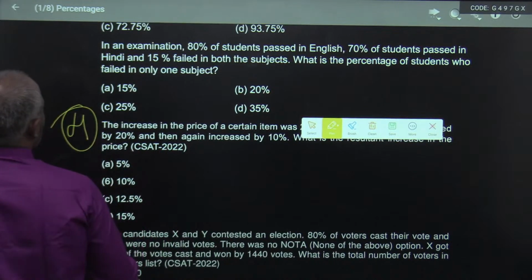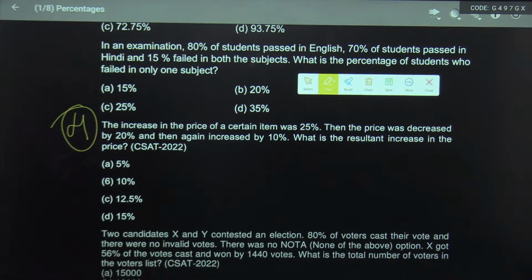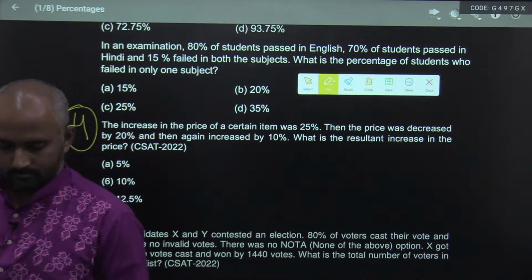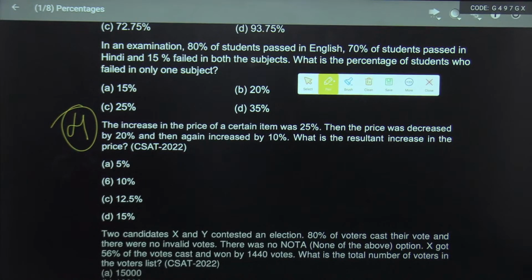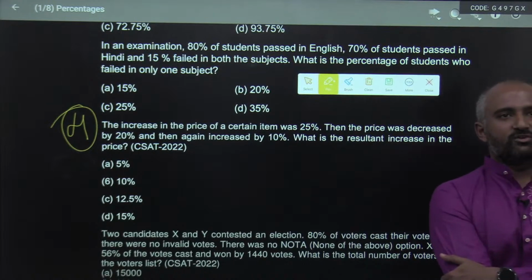Fourth one. The increase in the price of an item was 25%.